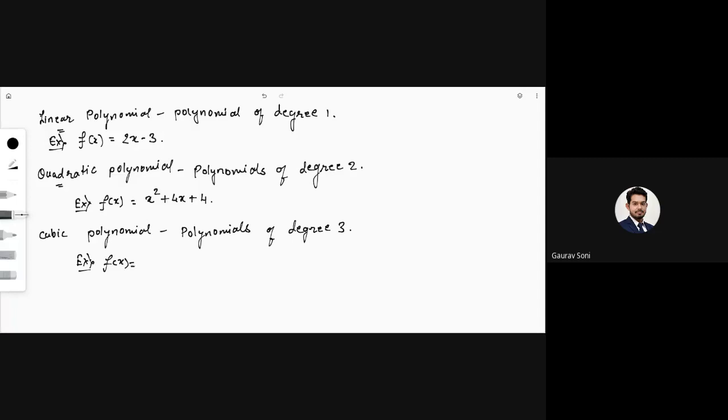Example, please raise your hand whoever thinks that. Yes. Gayatri, tell me. x cube plus x square plus 4x. That's it. Right, it is correct.